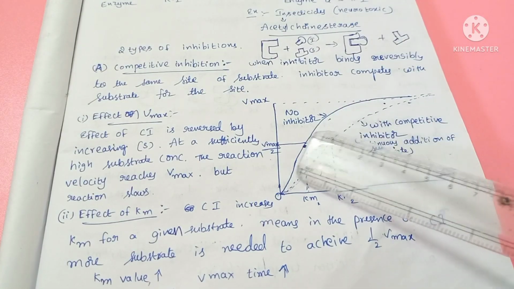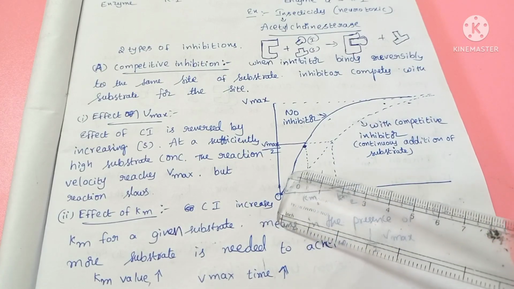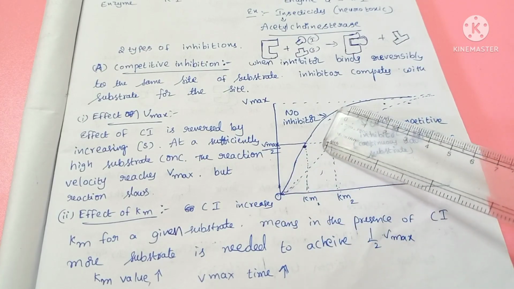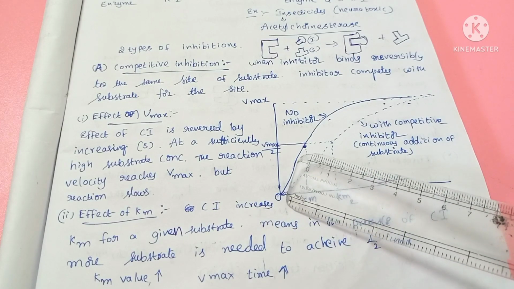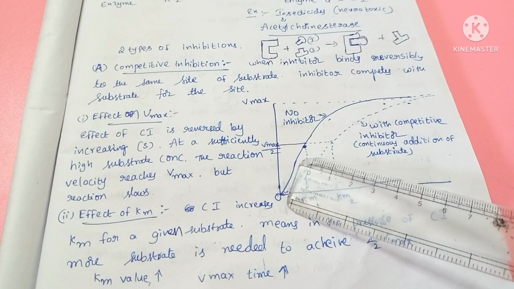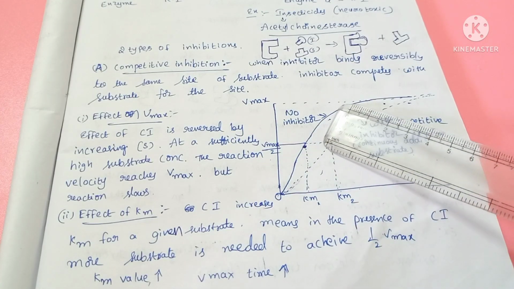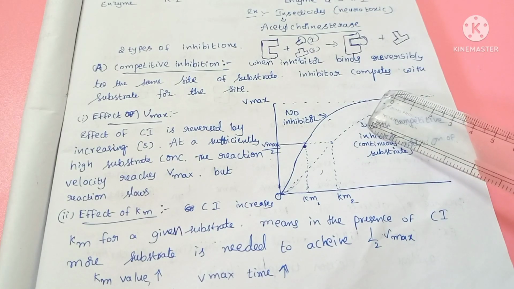So see here, there are two graphs. In one graph, the reaction is normal without any inhibitors. In that condition, happily the enzyme and the substrate bind to the active site of the enzyme and the reaction proceeds, and at a particular time it reaches the Vmax. That is okay.